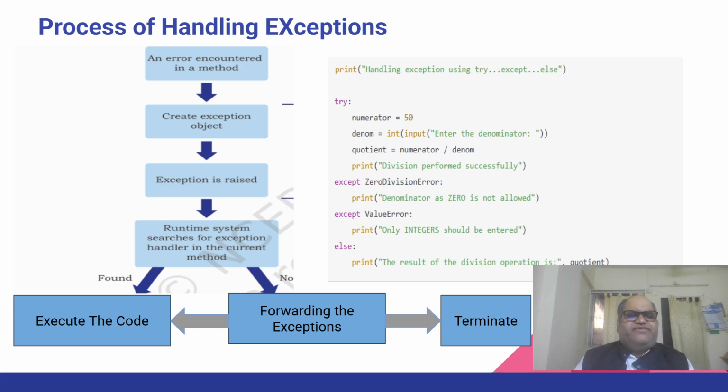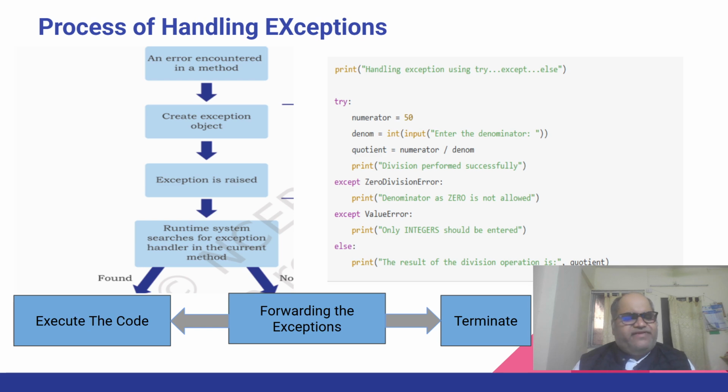Now, how does this handling process occur? Let's try to understand it through this flowchart. An error is encountered in a method, say where you divide by 0. What will happen there? The system will automatically create an exception object, and then it will raise that exception.